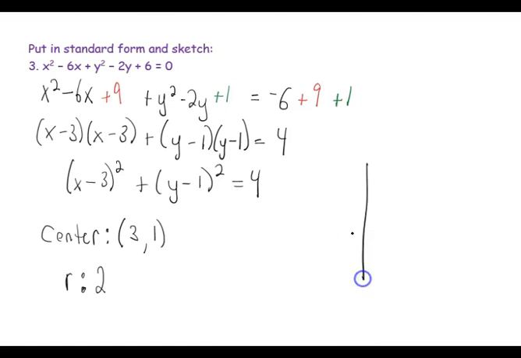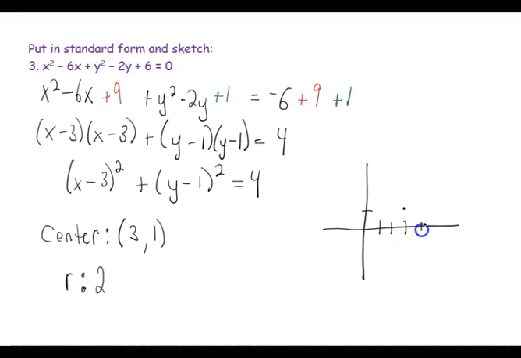Okay, so then when I go to sketch it, it's not going to be perfect. I know we can't draw circles perfectly, but I want to make sure I show where my center is and try to show my radius correctly. So if my center is at 3, 1, I'm going to go over 3 and up 1, put my center, and then if my radius is 2, it should be 2 from that center in any direction.